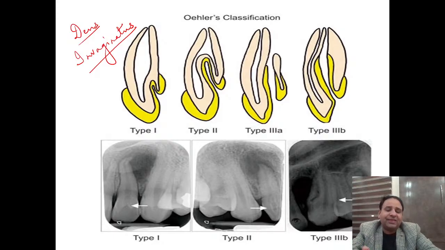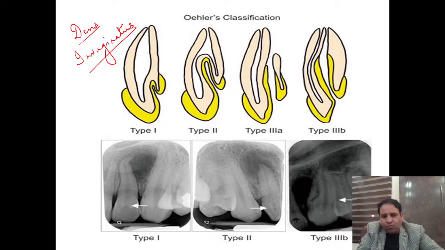One was to identify the pathology, and I am very sure by now you all are well versed and can identify the pathology well.